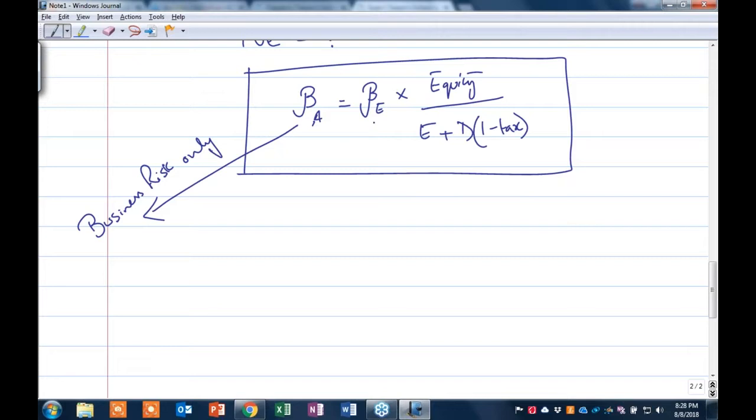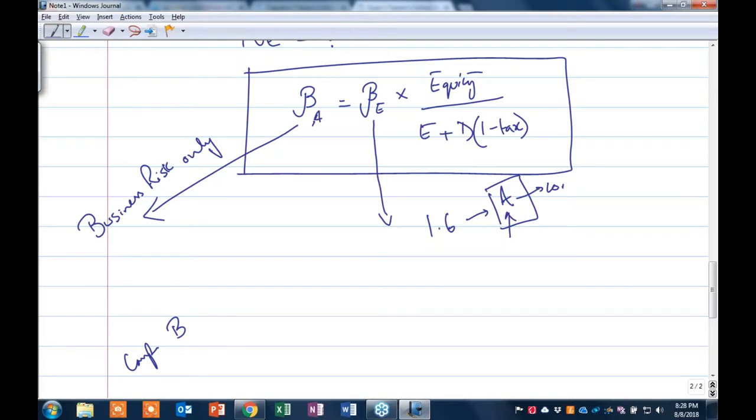For example, if we have been given the equity beta of a proxy company, let's say it's 1.6 for company A, and we are company B, and we are entering into the same business as the business of company A.